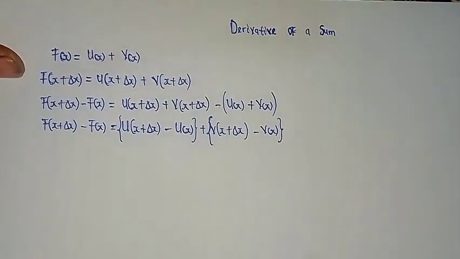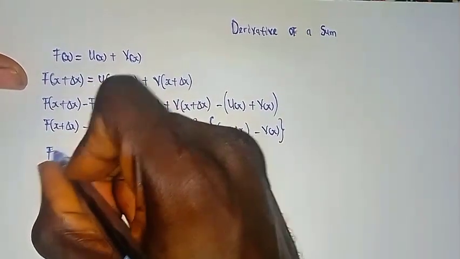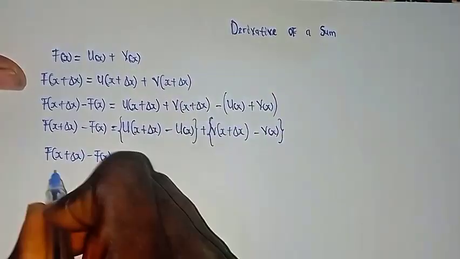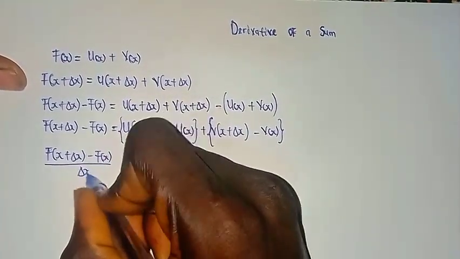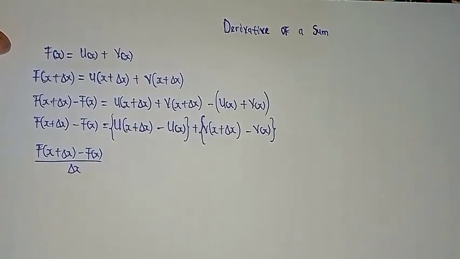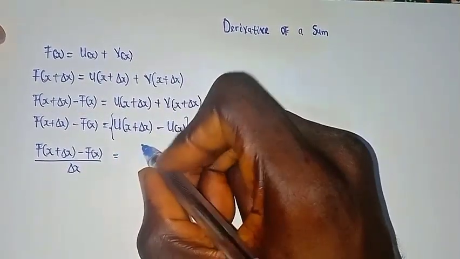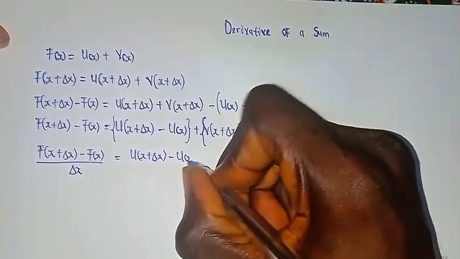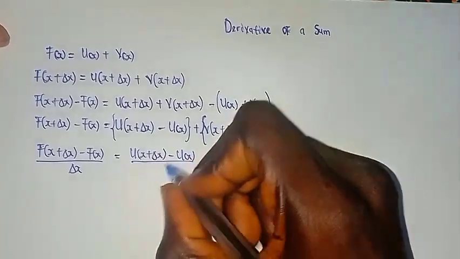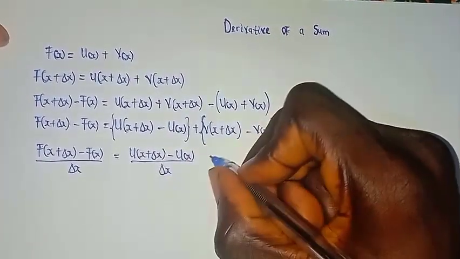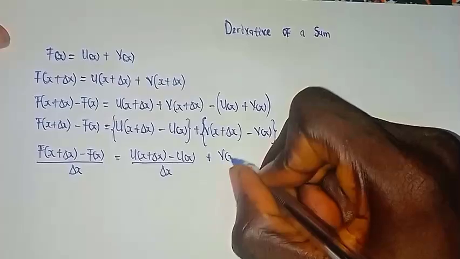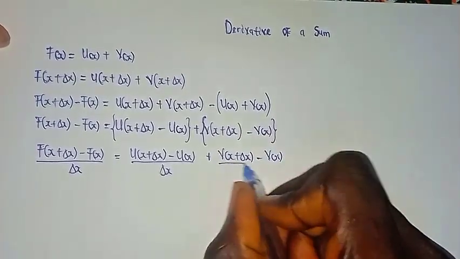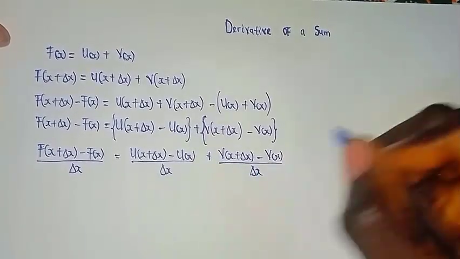So now if we divide both sides by delta x, we have f of x plus delta x minus f of x divided by delta x for our left hand side, and then our right hand side becomes u of x plus delta x minus u of x all over delta x plus v of x plus delta x minus v of x all over delta x.